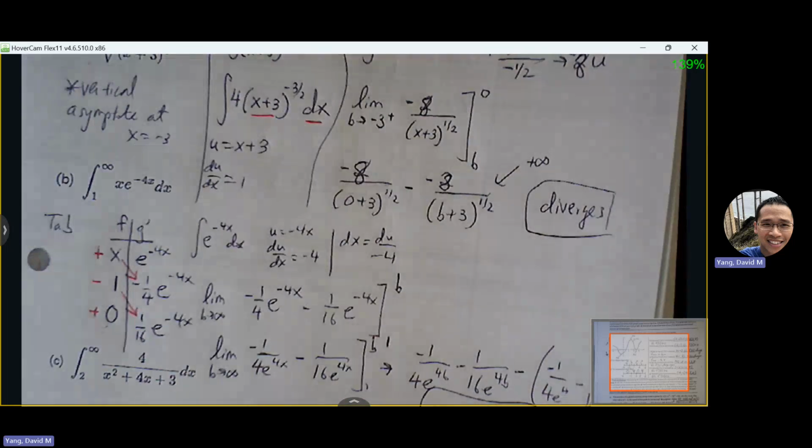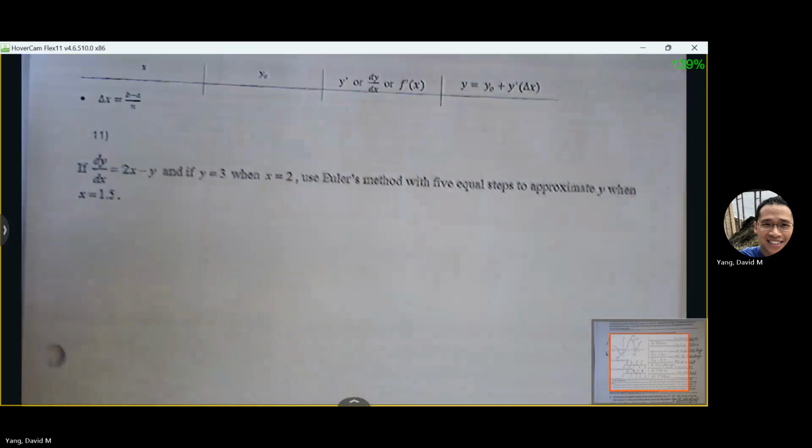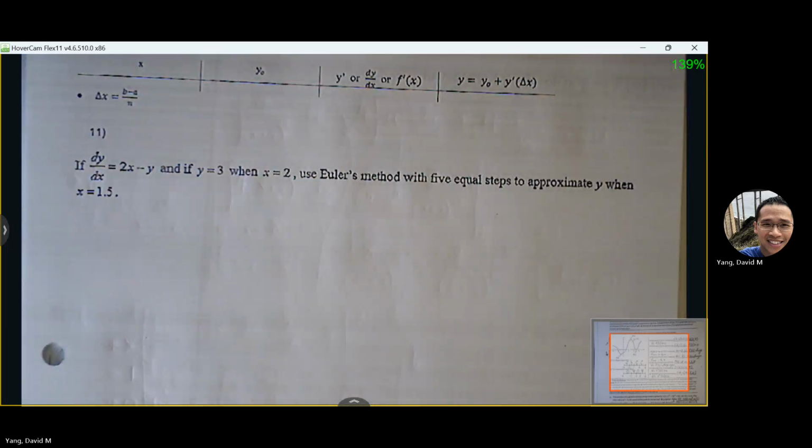Okay, I want to make sure I get to Euler's problem here. So if you can turn to page 5. Oh, sorry. There should be an X here.